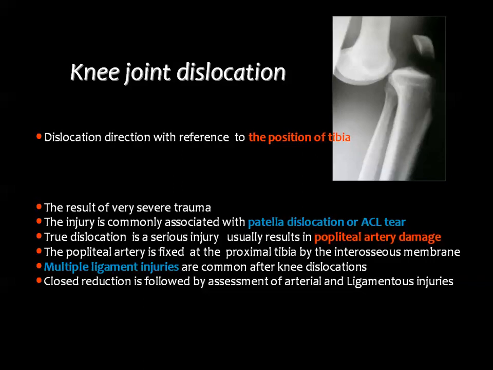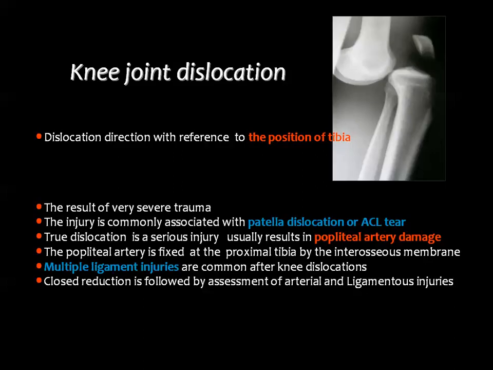And starting by the knee, we have first the dislocations of the knee joint. There are many types of knee joint dislocation depending on the direction of the displacement of the tibia.